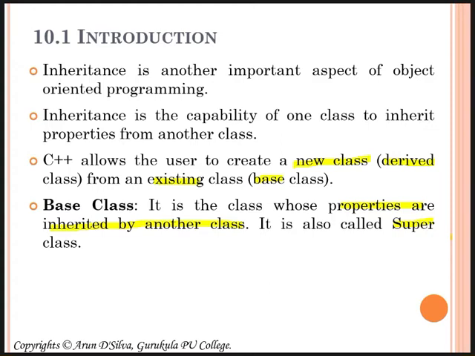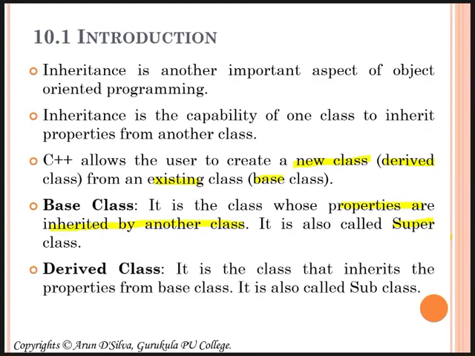So let me keep it in front of you. What is derived class? Derived class means it is the class that inherits the properties from the base class. That means you are going to create a new class, and you are making use of the properties of the existing class.